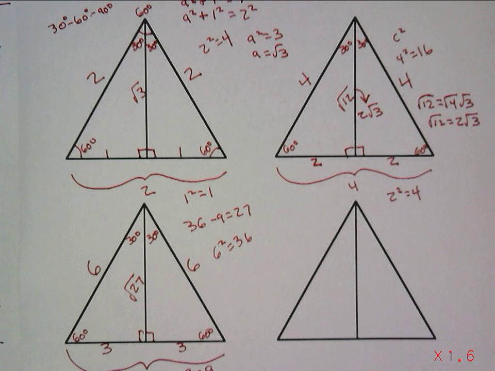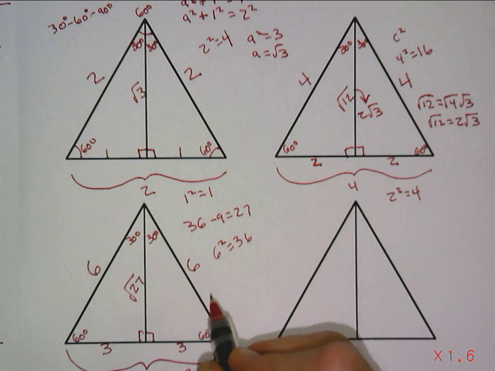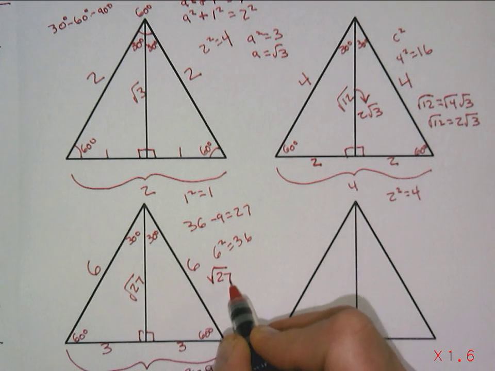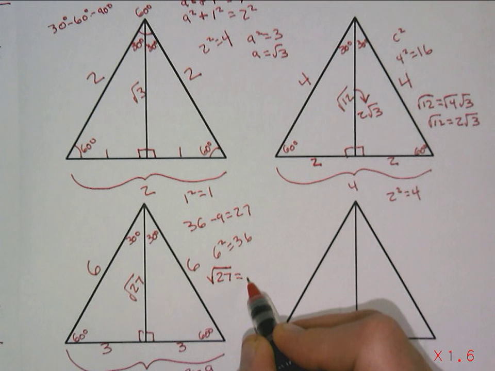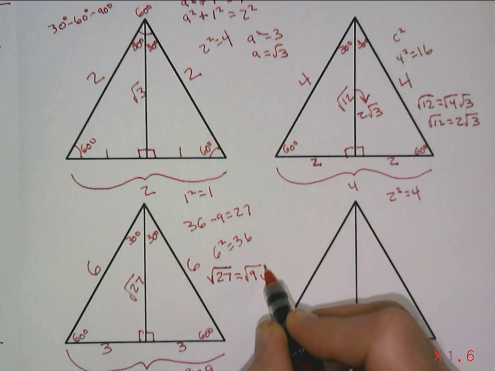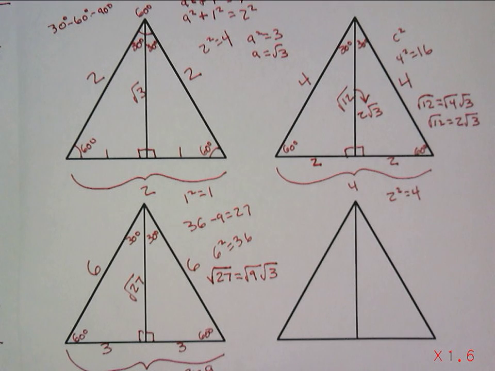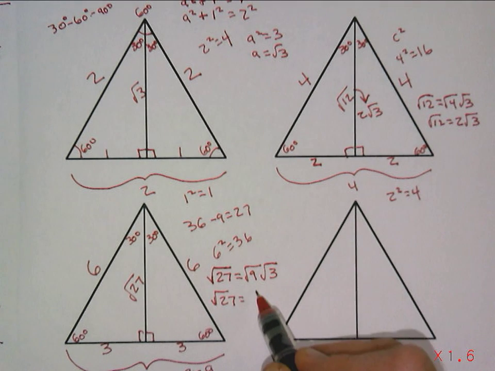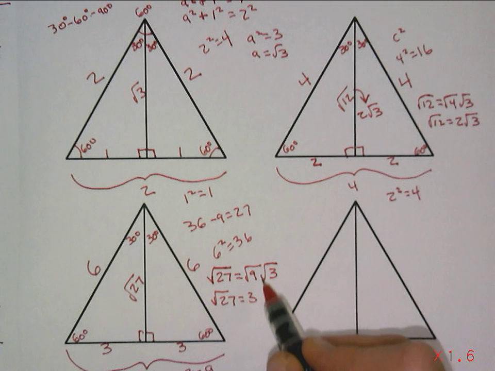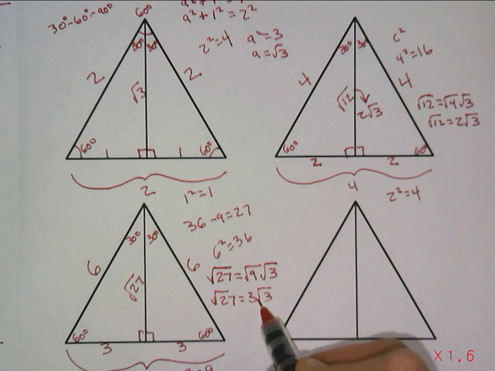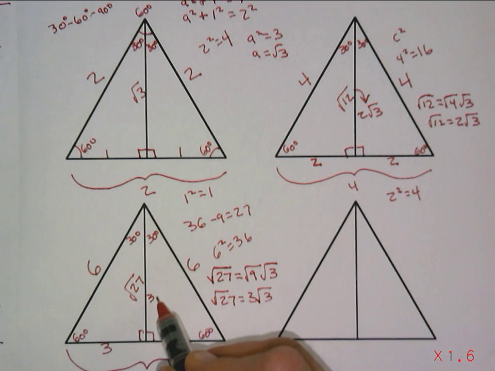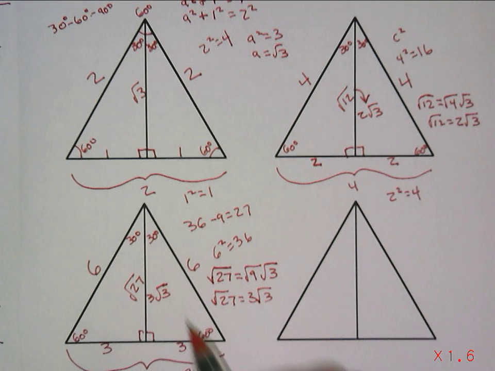And again, that might not seem like it's very helpful, except if I were to simplify the square root of 27, it can actually be factored to the square root of 9 times the square root of 3. And the square root of 9, I know, is 3, and then the square root of 3. So really the square root of 27 is the same as saying 3 square roots of 3.